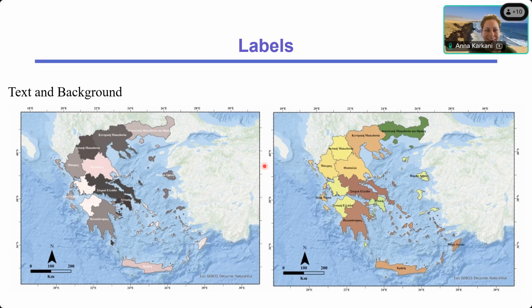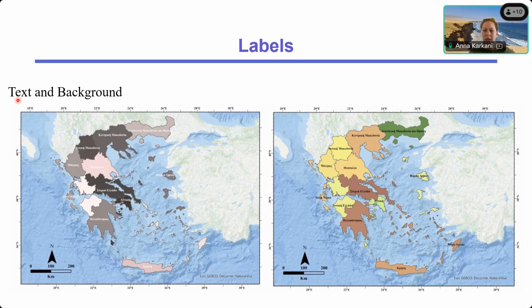If we plan to use dark colored text in our labels, we need to try to have a background that is a little bit more light colored in order to not have the dark letters and the dark backgrounds mixing with each other.